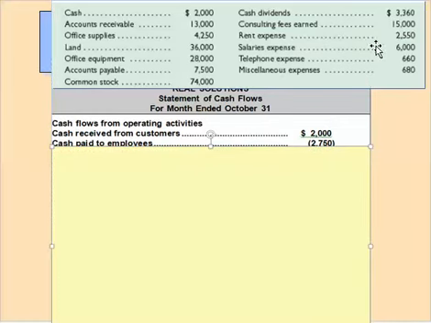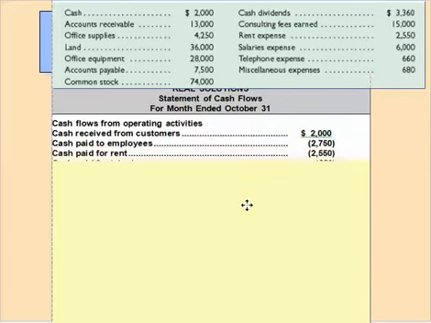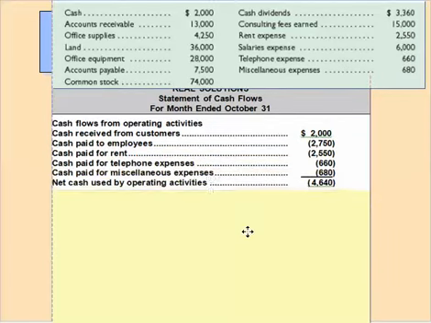Remember, we hadn't yet paid a certain amount of that, but $2,750 had been paid, and then we'll list out our other 3 expenses that had been paid in cash. So inflows are monies coming into the business from our customers. Outflows are going to be for expenses. Fortunately, our outflows exceeded our inflows, which isn't abnormal for a new business, by $4,640 from operating activities.